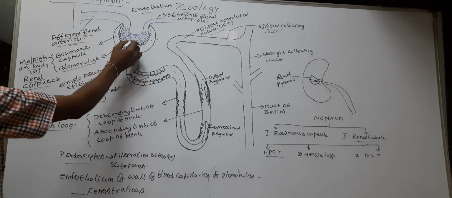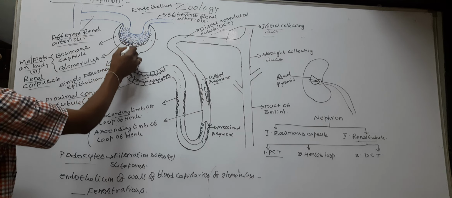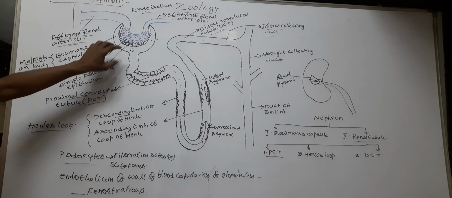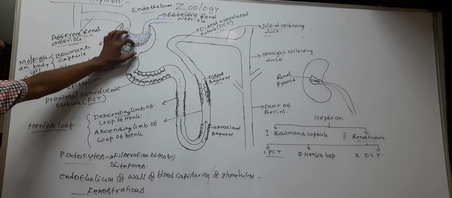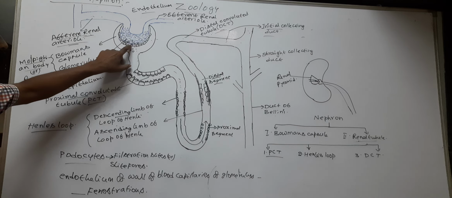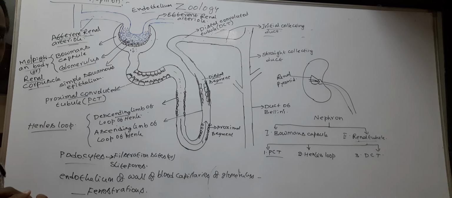Here the blood of the glomerulus and the fluid of the Bowman's capsule are separated by thin bordered double layers, such as the endothelium of the blood capillaries of the glomerulus and the inner layer of the Bowman's capsule, or podocytes of the inner layer of the Bowman's capsule.